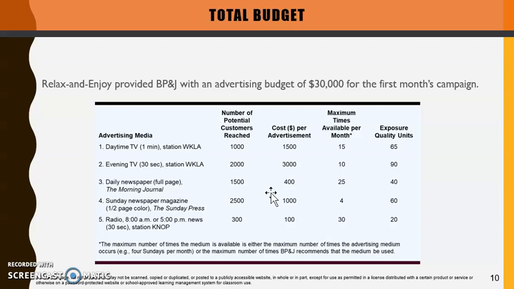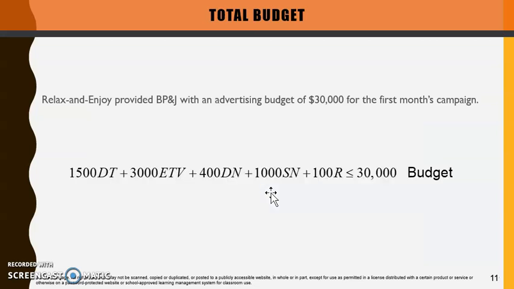Therefore, the budget constraint should be something like the one that now you see in front of you. 1,500 DTV plus 3,000 ETV plus 400, and so forth, equal or smaller than 30,000. The total cost of all these things should be equal or smaller than the budget that we have. And you see, the texture is the same.